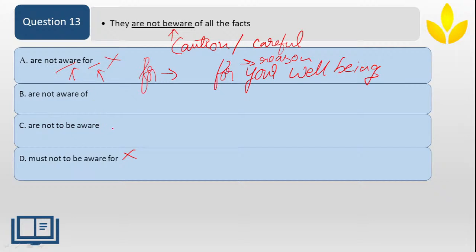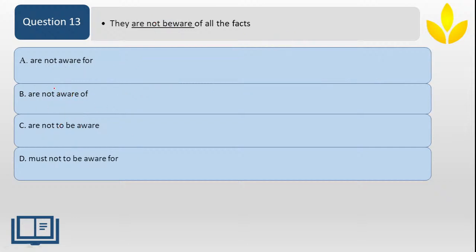"They are not to be aware of all the facts": we are not going to make them understand, or they shouldn't. It is a negative meaning. It doesn't make any meaning actually. "They are not aware of all the facts" is the correct answer. So here the word form error, beware and aware, is used. The option is B.